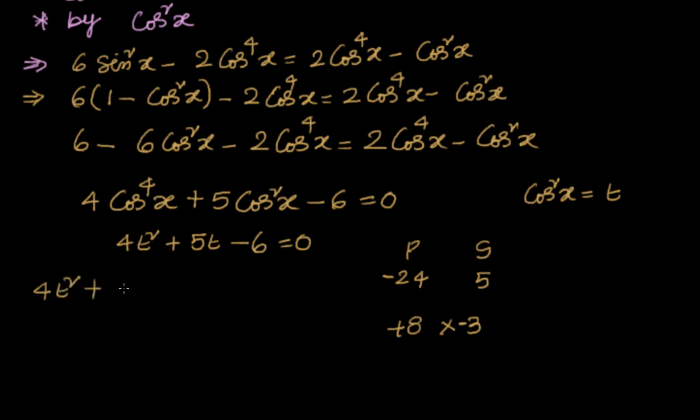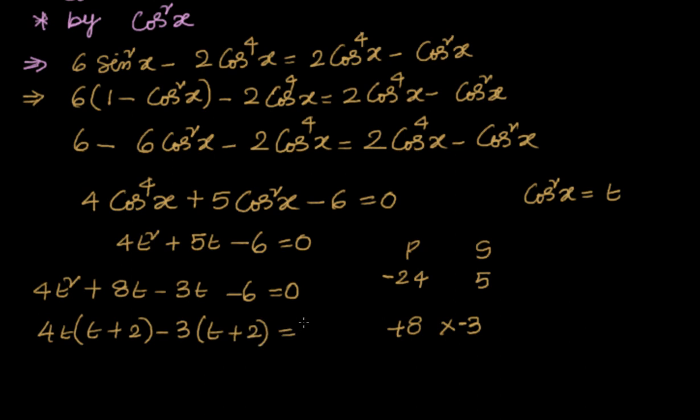So I can write it as 4t square plus 8t minus 3t minus 6 equal to 0. Now I can take 4t common. I will have t plus 2, minus 3 into t plus 2 equal to 0. That is nothing but 4t minus 3 into t plus 2 equal to 0.